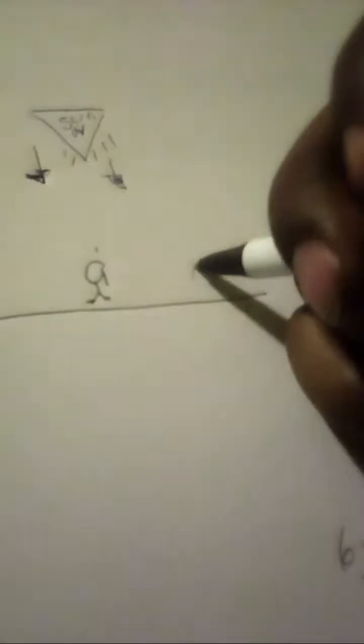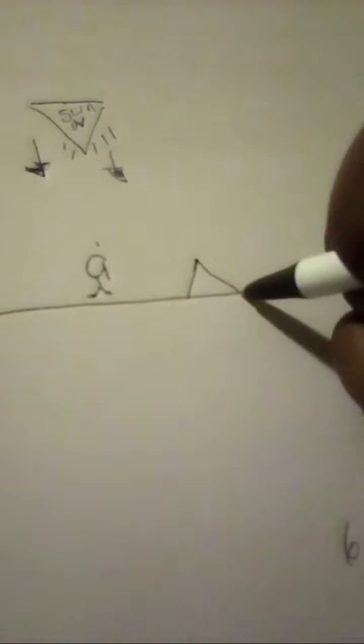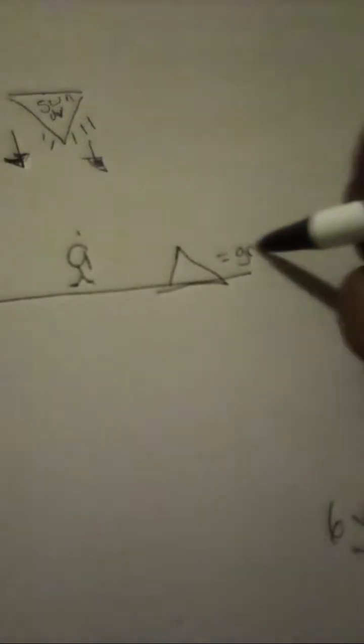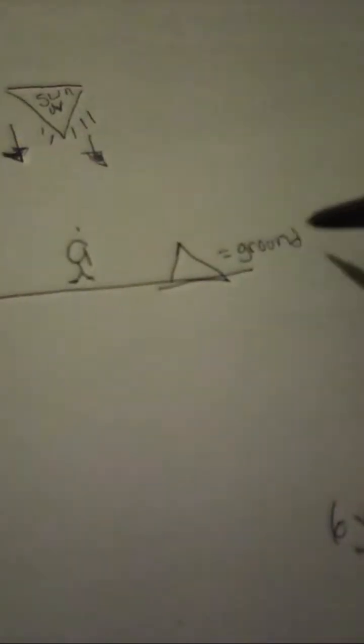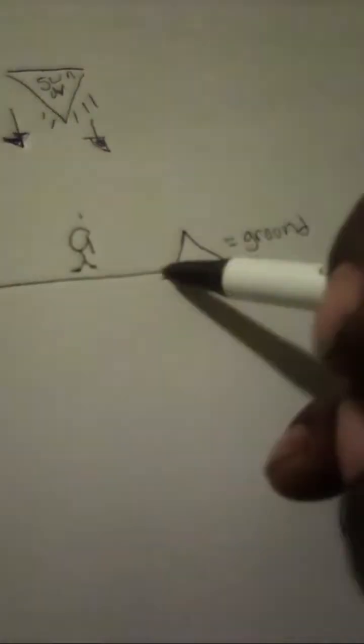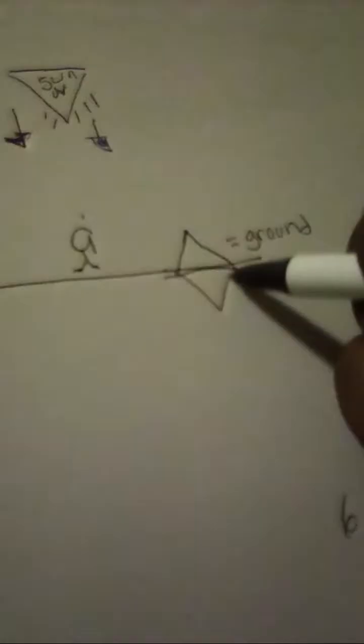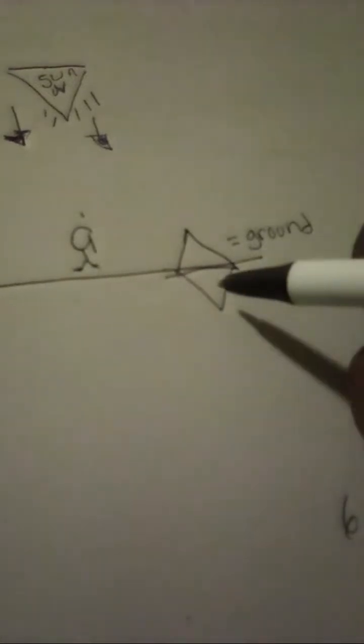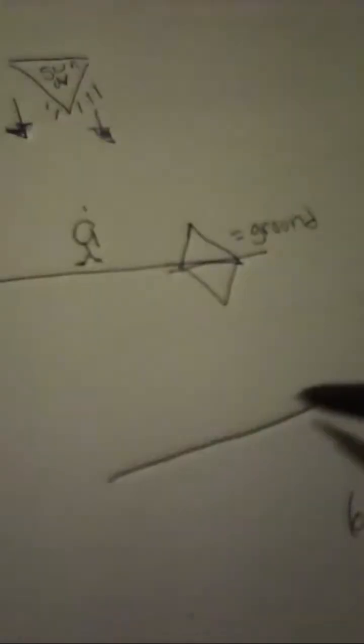So now you have this pyramid. This pyramid represents the ground, okay? So on the reverse, under us and the other parallel, that's when you deal with your sun below, okay? Because then that harnesses energy also.